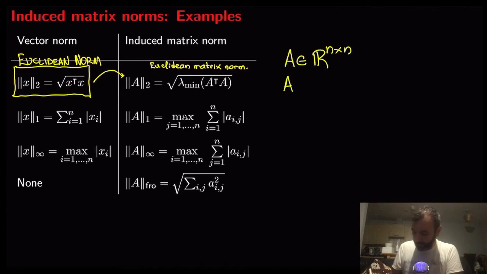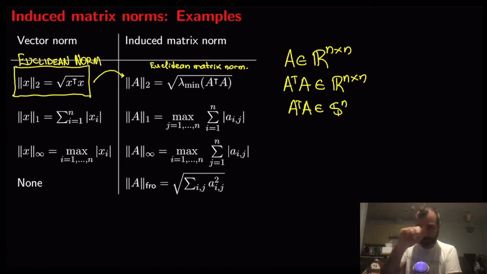The matrix A transpose A is, guess what? It's a matrix n by n. And it's not very difficult to see that A transpose A is symmetric. A transpose A belongs to the set of symmetric matrices, which we denoted like this, S, blackboard style, to the power n.